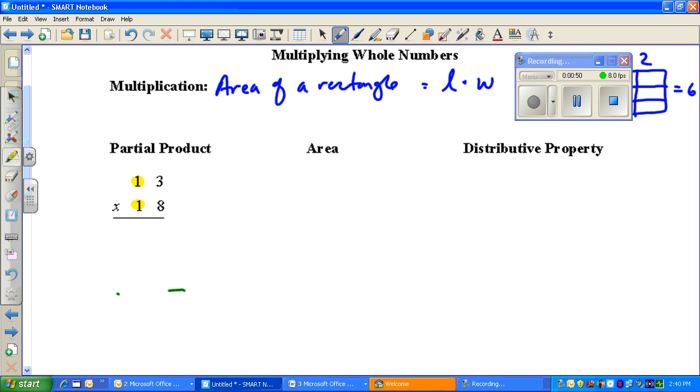So multiplying these numbers, 10 times 10 gives me 100. Then 10 times 3 is 30. And I move to my next number. 8 times 10 is 80, and 8 times 3 is 24. And the sum of these four numbers will give me the total, or my answer to the multiplication.